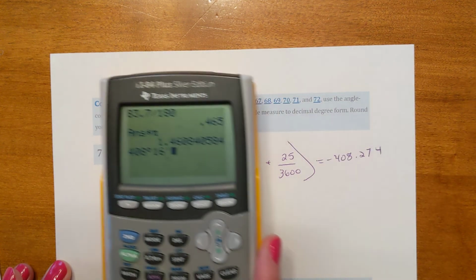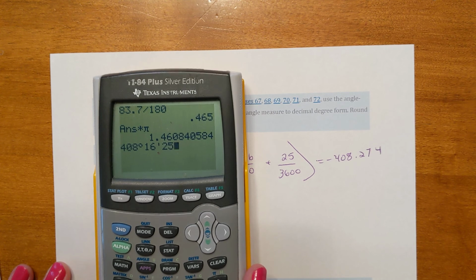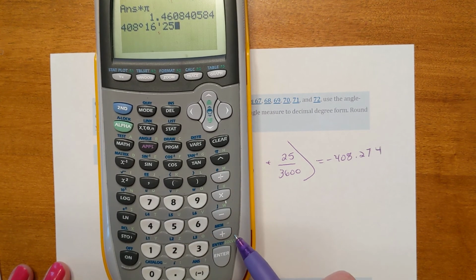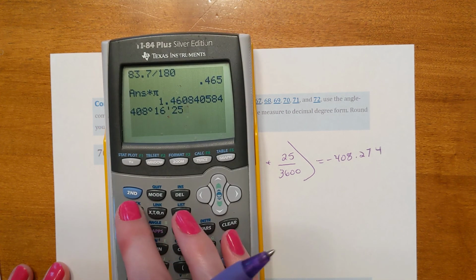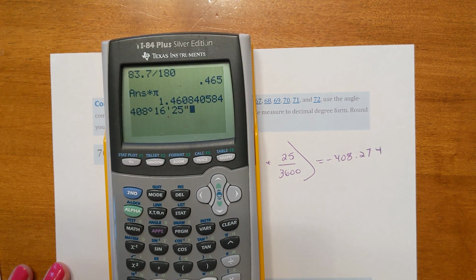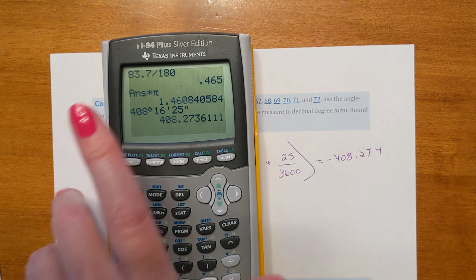And then last of all, they said 25. Now the seconds, this one's evil, it's down here above the plus sign. So you have to use the alpha key to get to it. So second, alpha, and hit enter, and it gives you the answer I just got of 0.274.